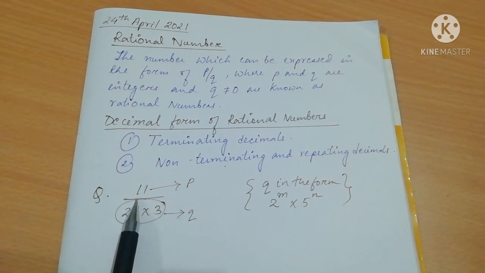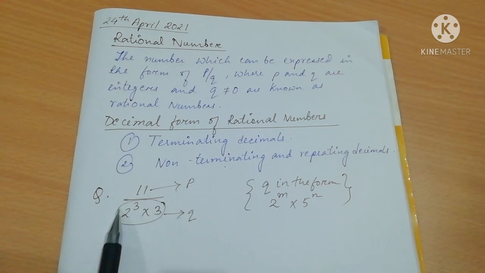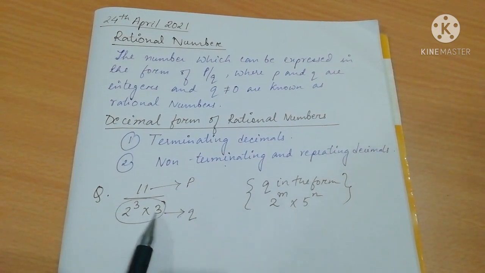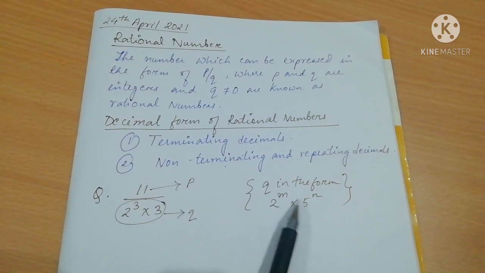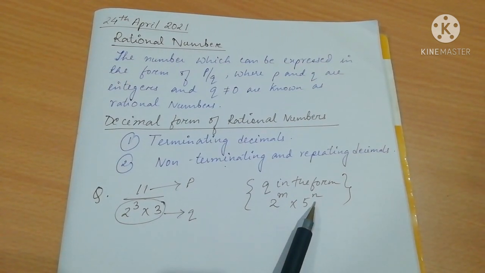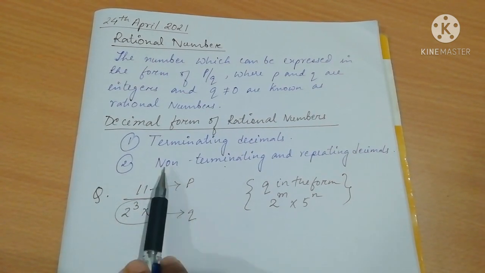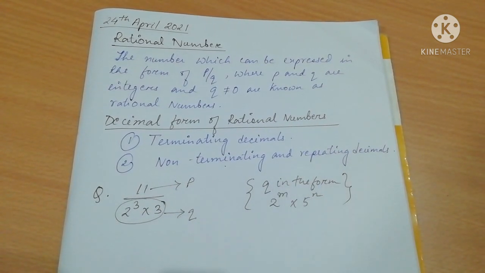No, it's not cancelling. So the denominator q is not in the form 2 to the power m into 5 to the power n, so we can say that the decimal expansion will be non-terminating and repeating.